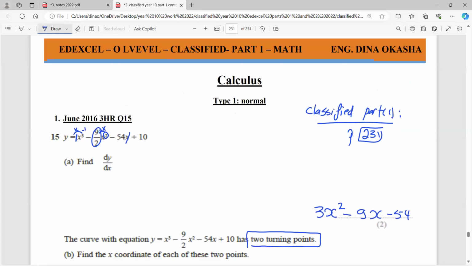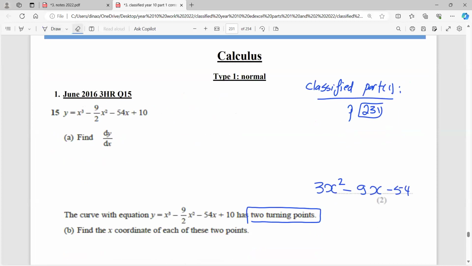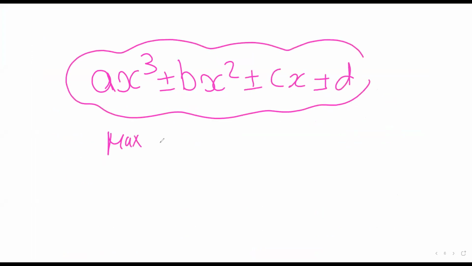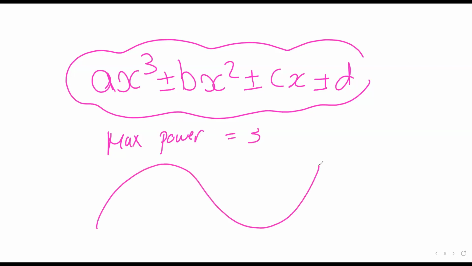For those who like to understand, the equation that has descending powers in this form, ax power 3 plus or minus bx power 2 plus or minus cx plus or minus d, an equation with a maximum power of 3, looks like this, going up and down. So here I have 2 turning points, and we said at the turning points the differentiation is 0.